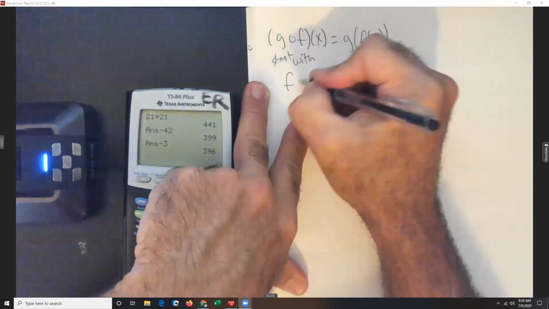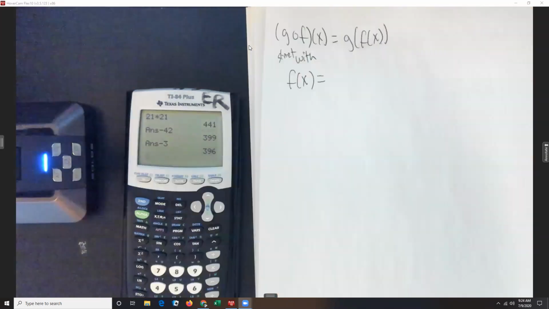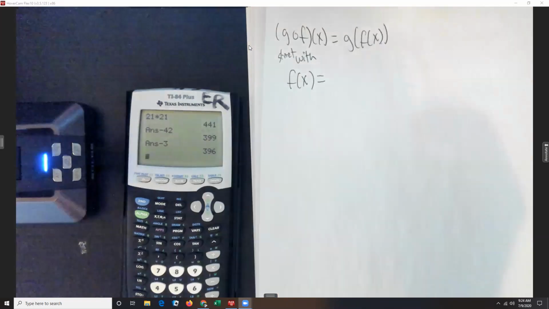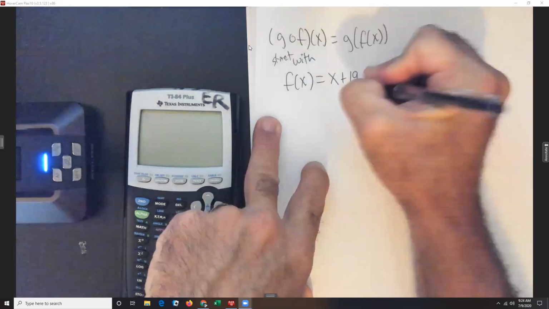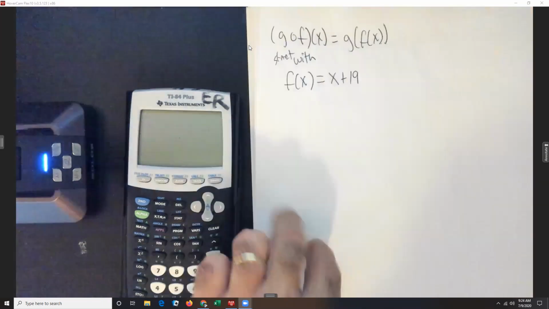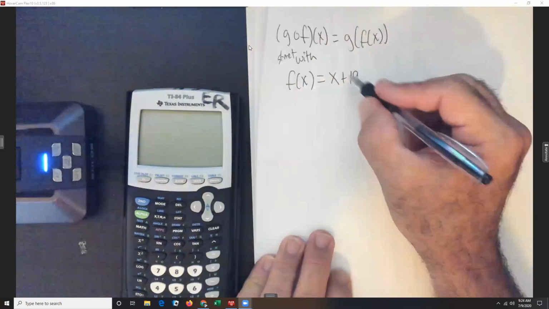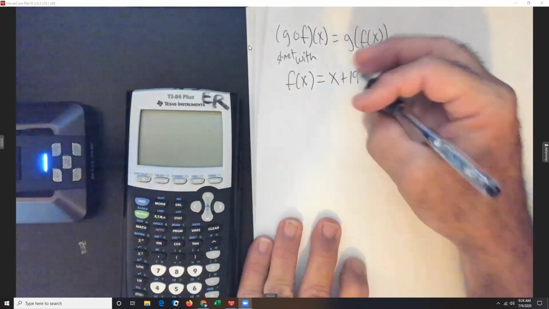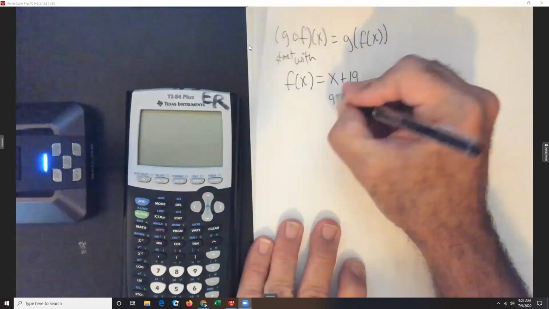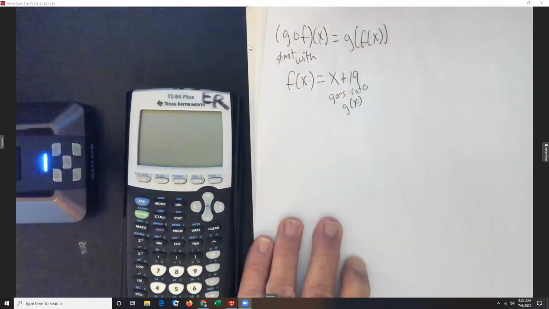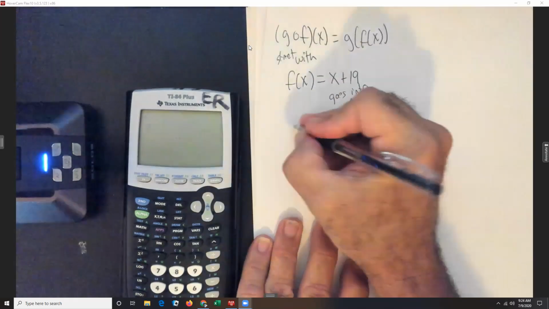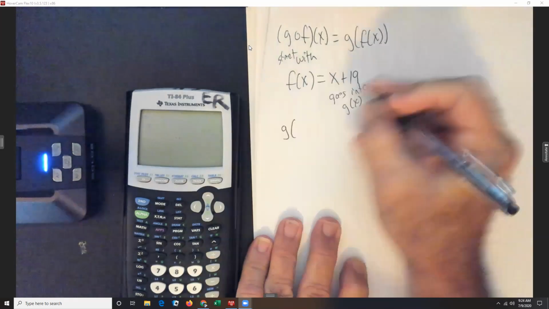Now, f of x, they're not giving me a number to plug in, but they did tell me f of x equaled x plus 19. But y'all, since we cannot simplify this and add this together, all of this goes into the g of x now. So that means we're going to find g of x plus 19.